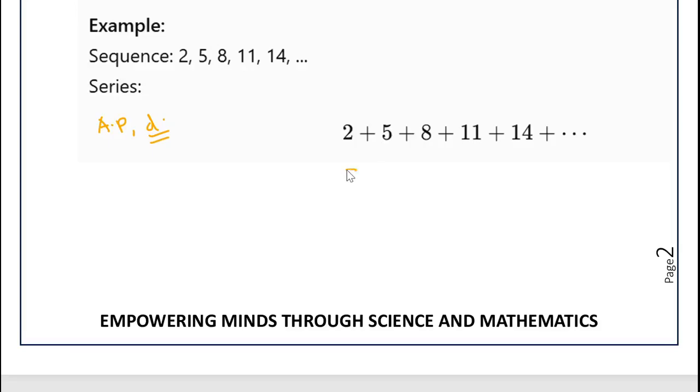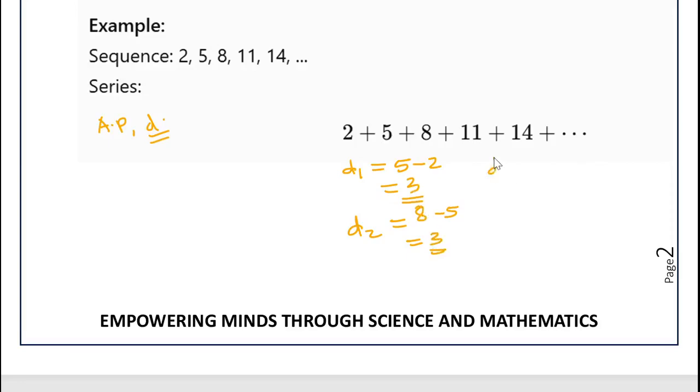Like for example, if I get the first common difference d1, that is the difference between 5 and 2. So 5 minus 2, I get 3. If I get the next common difference, that becomes 8 minus 5, and it gives me 3. Are you seeing there is a common difference of any two consecutive terms?